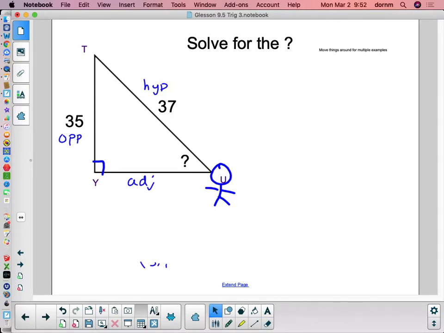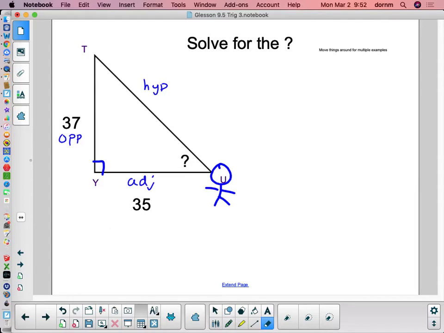Okay, I'm going to do a little rearranging. We identified the sides by name already, so we're good. Which function am I going to choose this time? Tan, because opposite and adjacent.